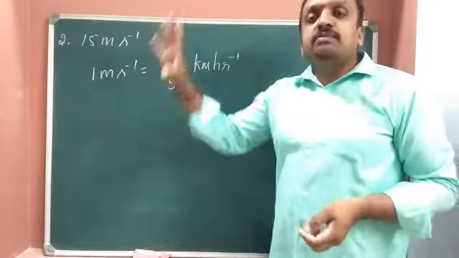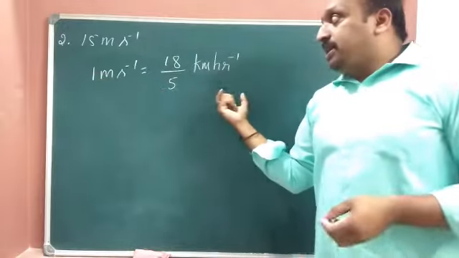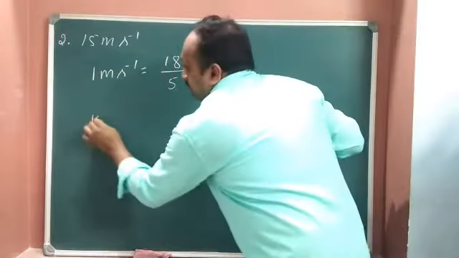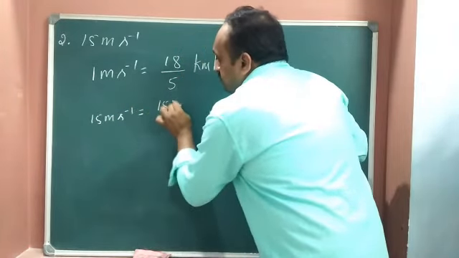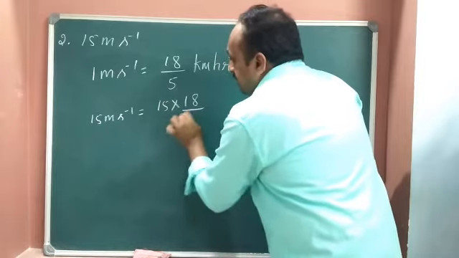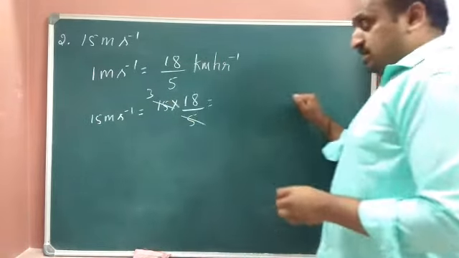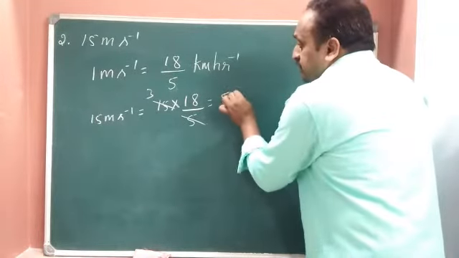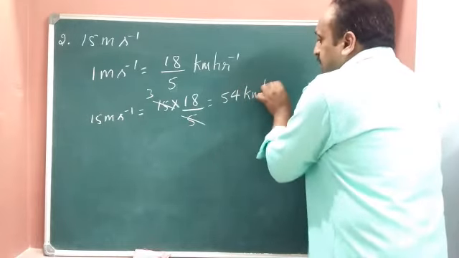Kilometer per hour to meter per second, 5 by 18 times. Meter per second to kilometer per hour, 18 by 5 times. Then 15 meter per second will be equal to 15 into 18 by 5. So 5 threes are 15, 18 threes are 54 kilometer per hour.